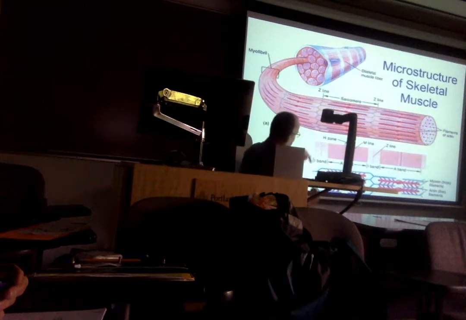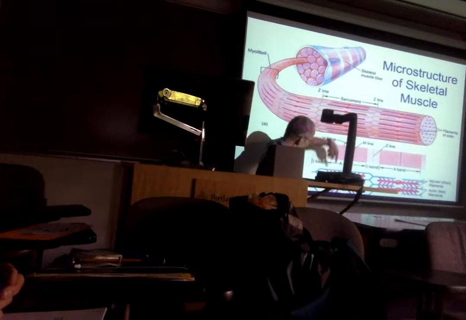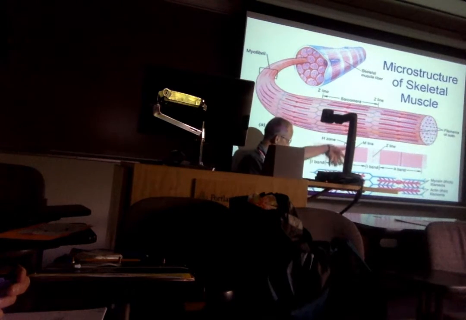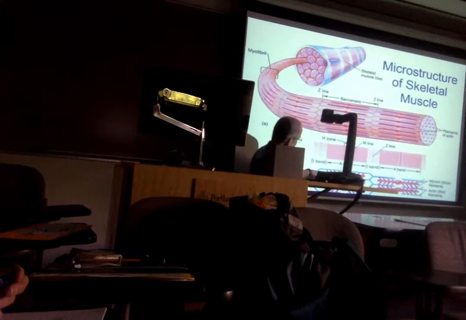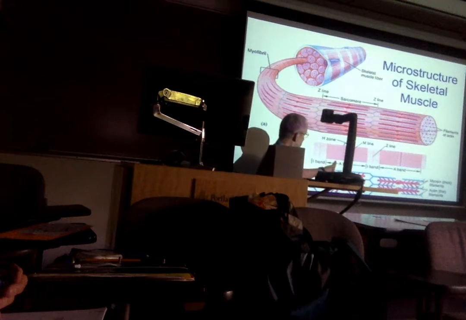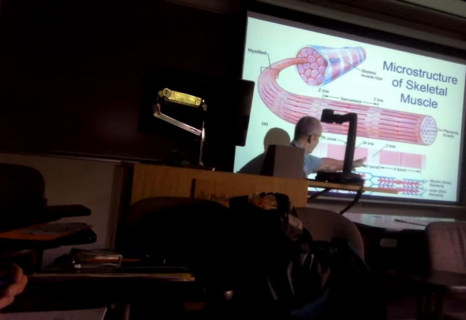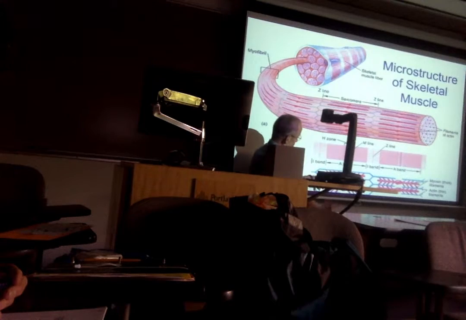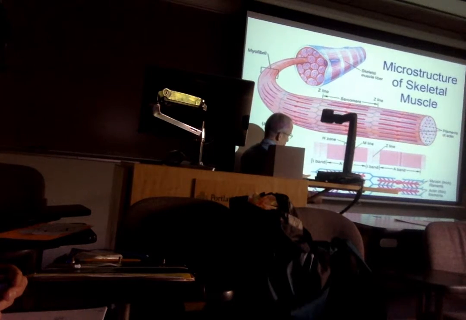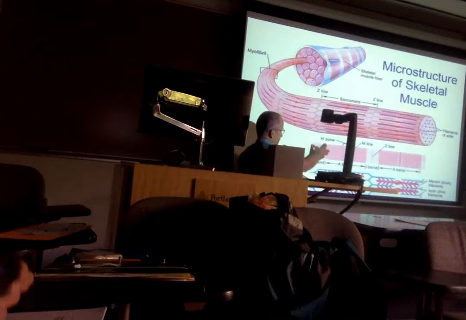Imagine me shining a light through this stuff down here, and I'm looking at it. This stuff's going to be really dark because the light's being blocked, right? So the A band represents the myosins because it's really dark. And then the light comes through here, so it's lighter.